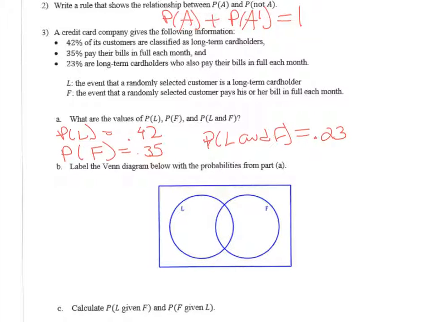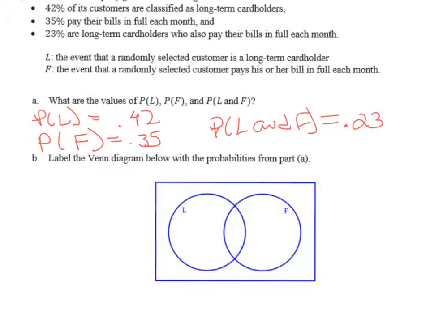So if you put that on your Venn diagram, 0.23 goes here in the middle. The entire circle of L is 0.42. So we have to do a little bit of subtraction. This is for the L. We get 0.19.